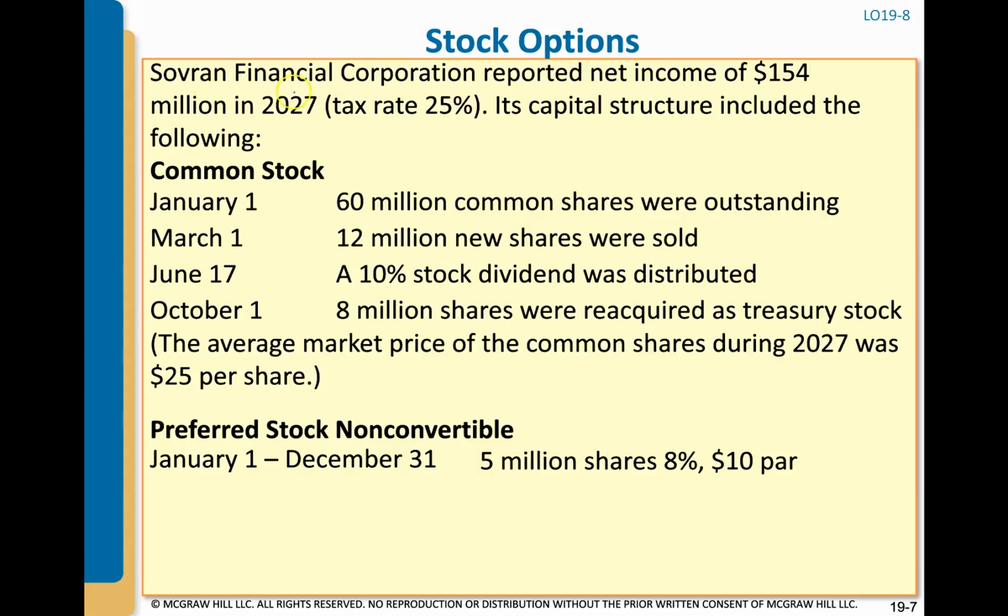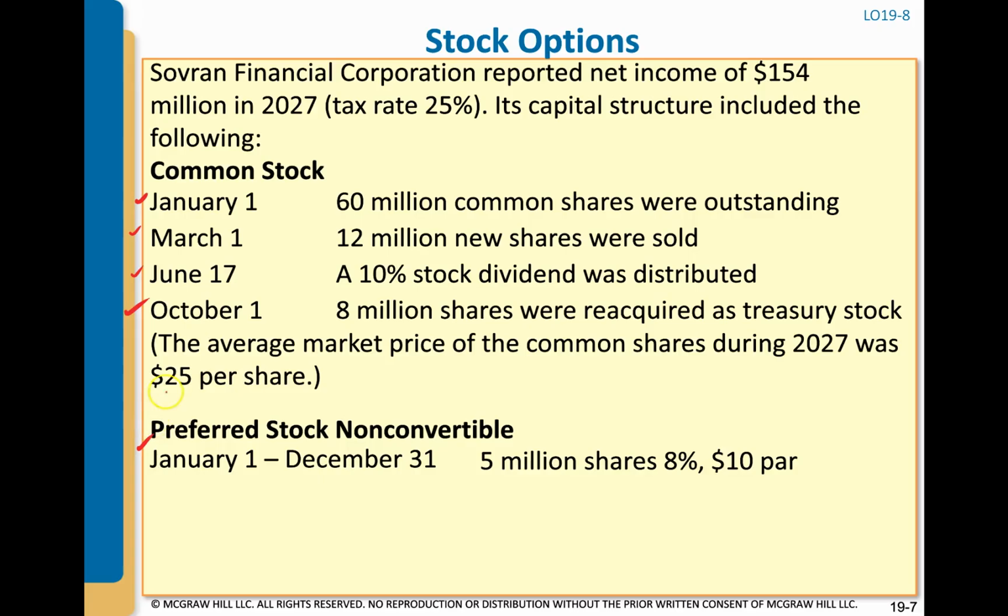We have Sovereign Financial Corporation, which reported net income of $154 million in 2027. Its capital structure included the following. They issued new shares, had a stock dividend, and had some treasury stock. They reacquired 8 million shares in October. And they have some non-convertible preferred stock.